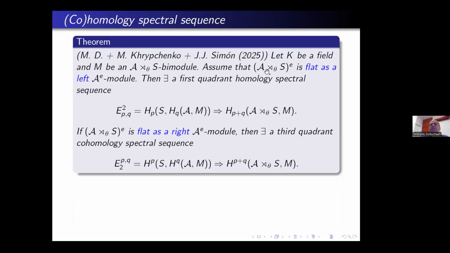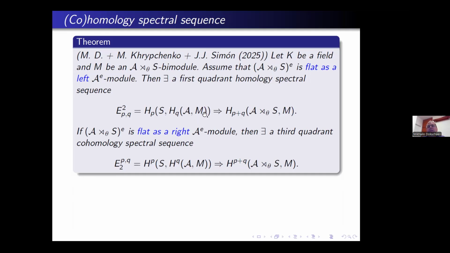We also assume that the enveloping algebra of the cross product is flat over the enveloping algebra of A. Actually, first we prove it without this assumption.